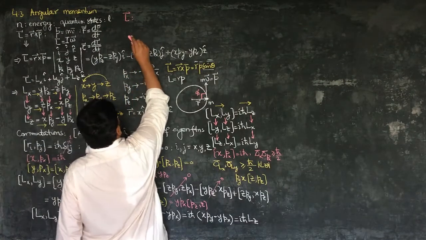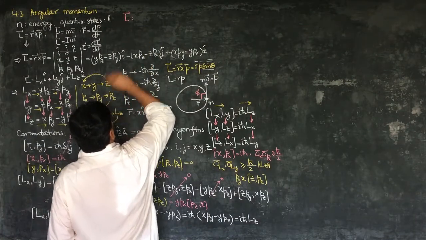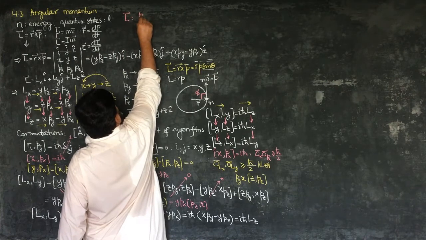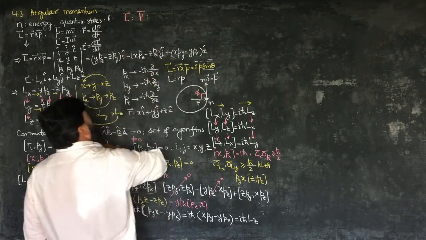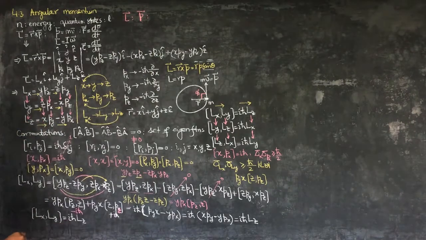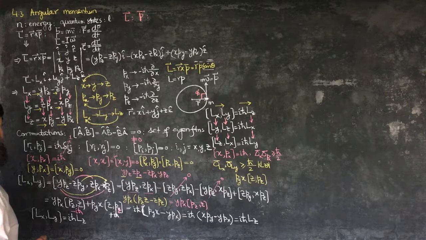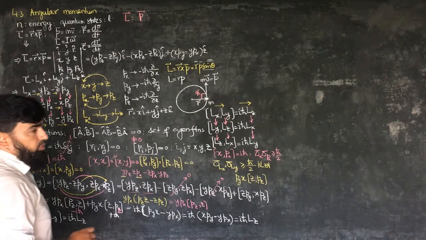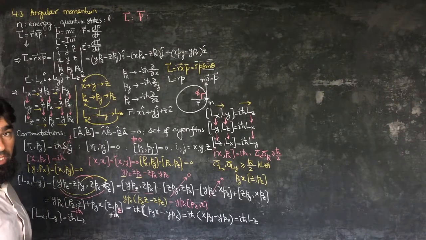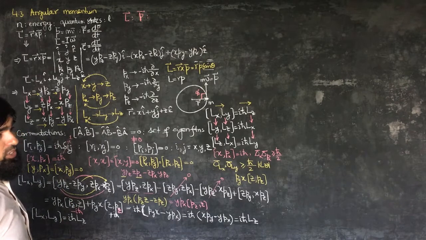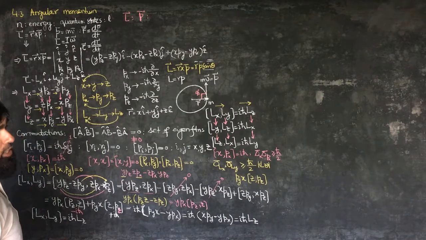For example, I will take the example of momentum. The law of conservation of momentum fails due to the vectorial nature. For example, if I throw a piece of mud on this wall, then the mud will stick to it. There was initial momentum and the final momentum is not there.